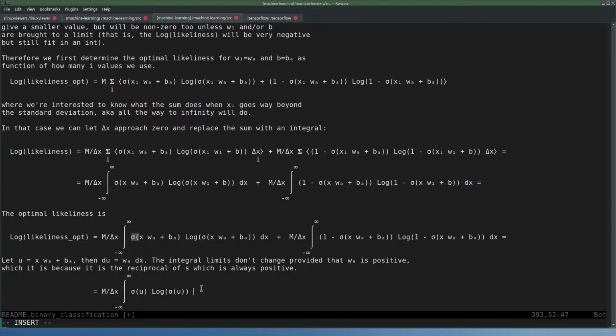And WA is again constant. So I'm just going to say du here and then divide the whole thing by WA as well.